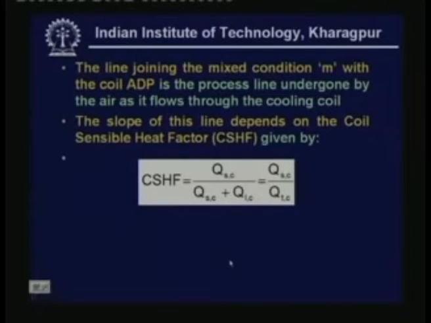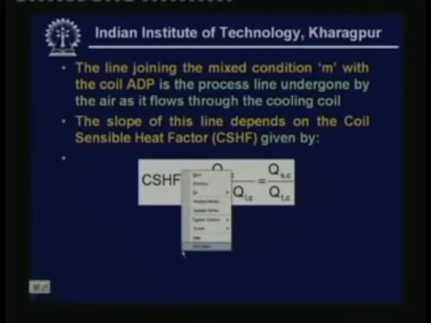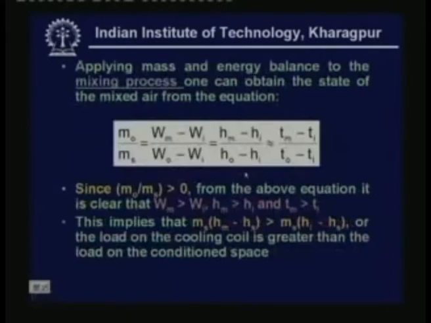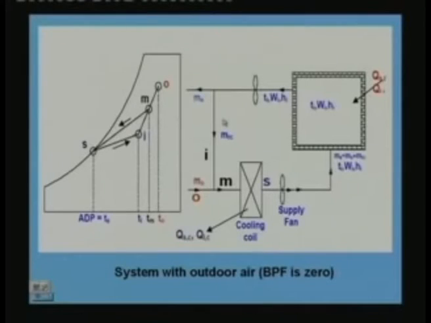The line joining the mixed condition M with the coil ADP is the process line undergone by the air as it flows to the cooling coil. The slope of this line depends on the cooling coil sensible heat factor. Let me just show this. What I am talking about is this line. As we know, this line is your RSHF line.